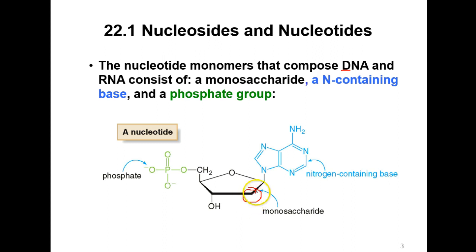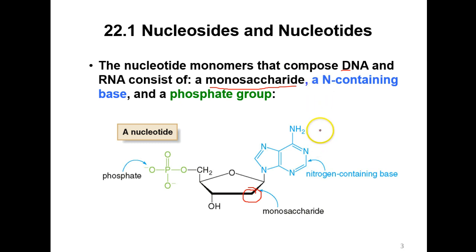Basically it contains a sugar, in this case ribose. Remember from the carbohydrate chapter, there are lots of different sugars. We mostly talked about fructose and glucose, but there's also a sugar called ribose. That's why it's ribonucleic acid or deoxyribonucleic acid.